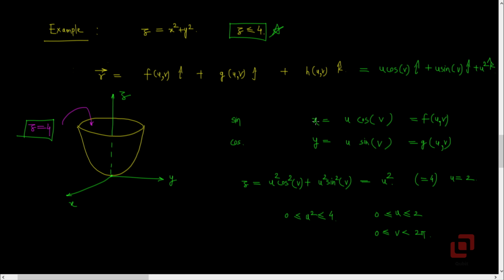If u is 2, then x is 2 cos v and y is 2 sin v. We are still on the plane z equal to 4, and the intersection of the paraboloid with the plane z equal to 4 is this circle. Recall that for parametric equations of any circle, we always vary the parameter from 0 to 2 pi so that we complete one full revolution.